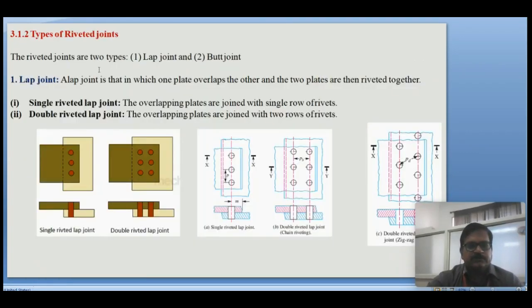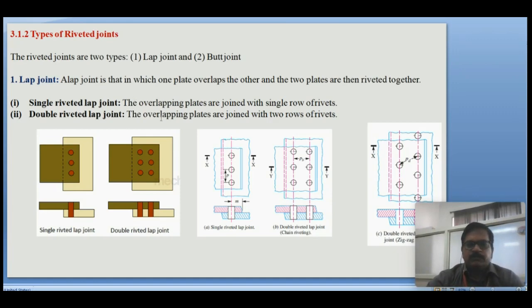Types of riveted joints. Generally, there are two types of riveted joints. One is a lap joint, another is a butt joint. In the lap joint, the two plates which are to be joined are placed one over the other like this, and a through hole is drilled, through which the rivet is positioned, and at the tail, with the help of the punch and die, the rivet head is formed. By this, the two plates are joined permanently.